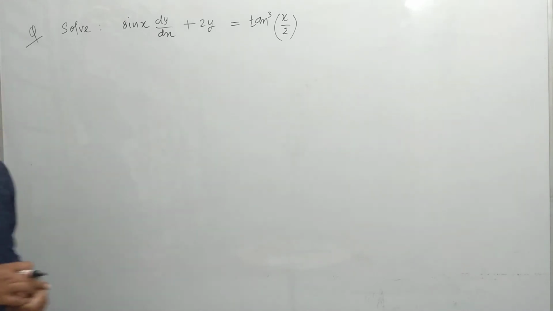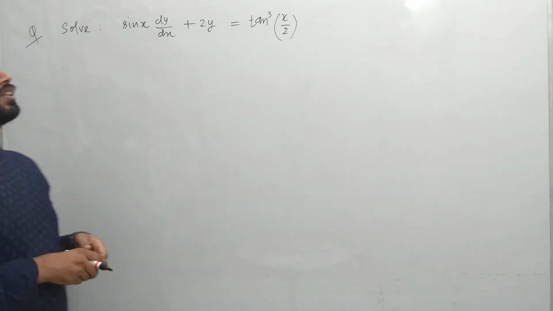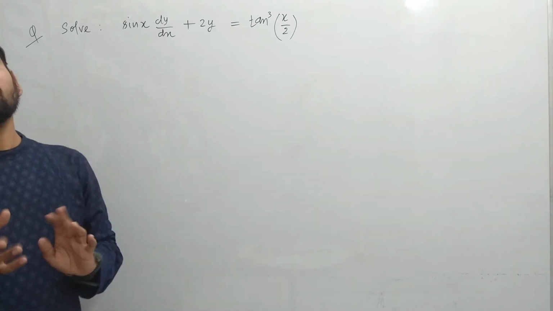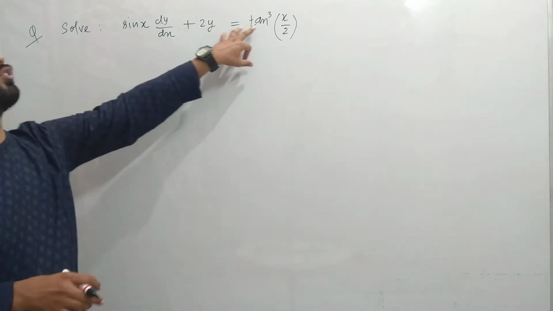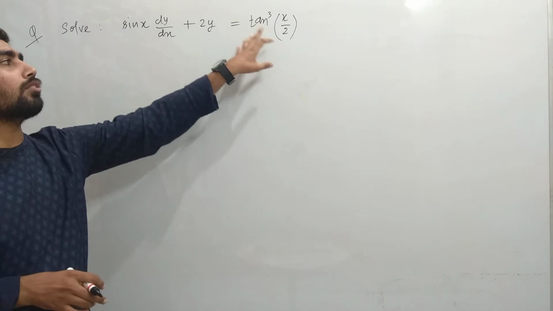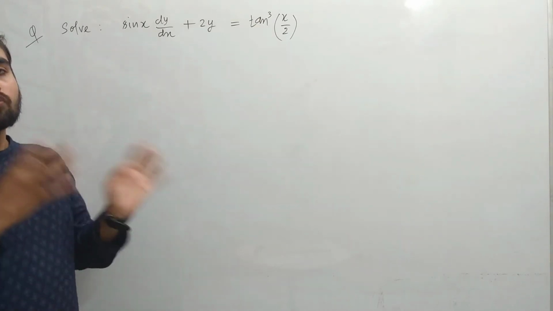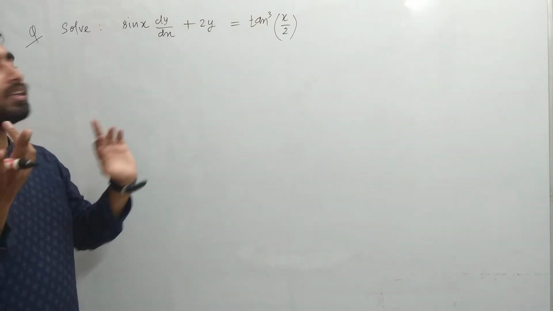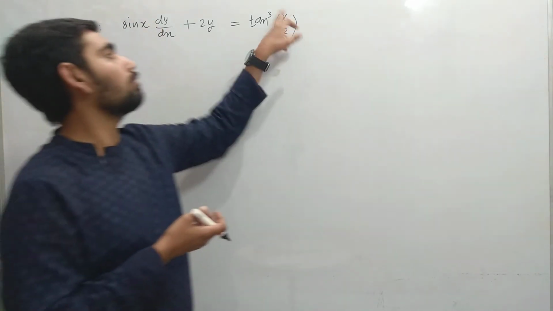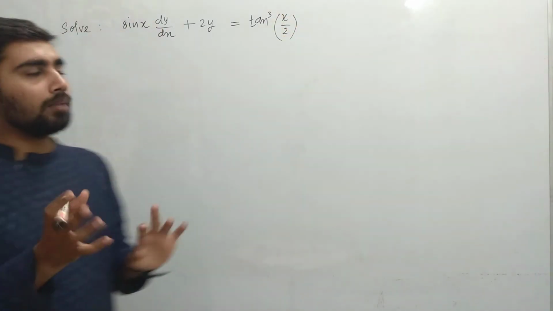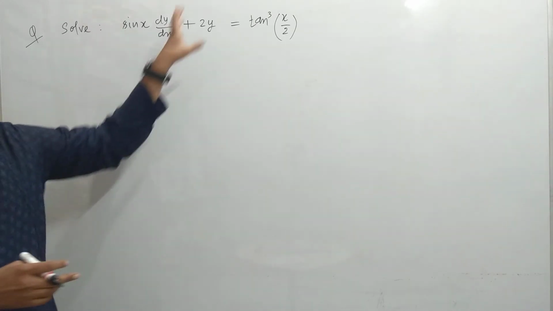And the third property, no transcendental function can occur with y or dy by dx. Here sin x is a transcendental function, tan cube x upon 2 is also a transcendental function, but these do not occur with the dependent variable. Here the independent variable is used, so it can happen. So this is a linear differential equation.